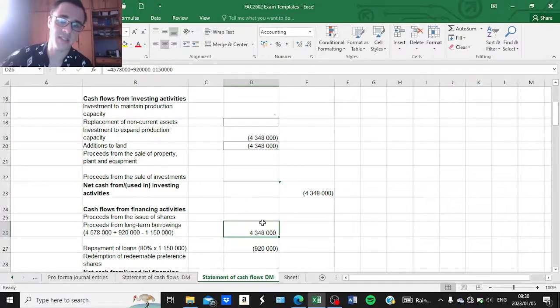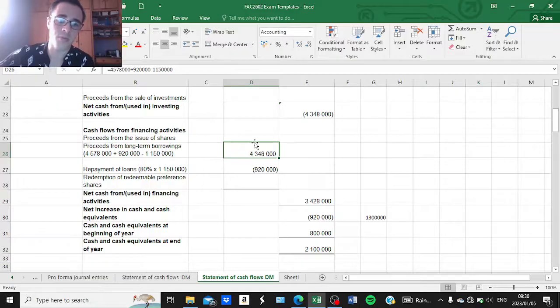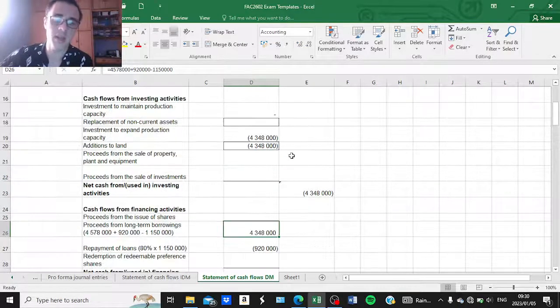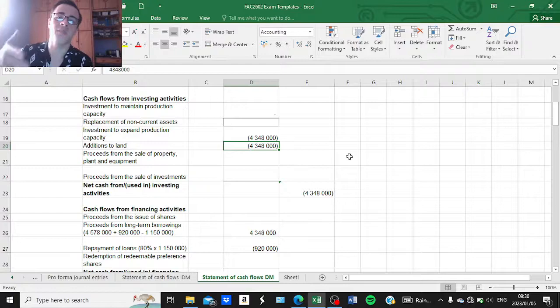Because in the financing activity section, this is shown as an inflow, and in the investing activity section, we will show it as an outflow. However, it is important for us to indicate the amount in both sections, because this inflow represents proceeds from long-term borrowings, and in the investing activity section, we show this amount in order to illustrate that we have acquired land for expansion purposes.